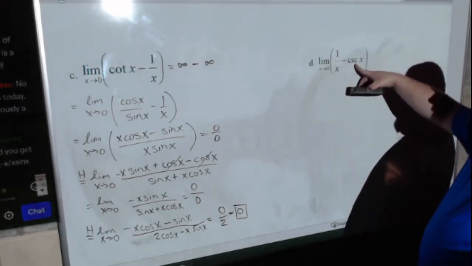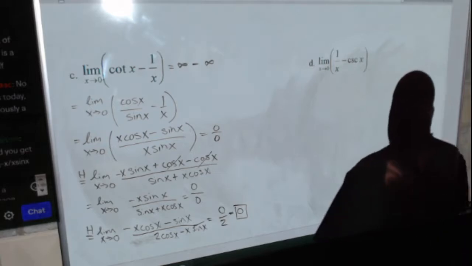Cosecant is 1 over the sine, so I just wanted to get a common denominator.